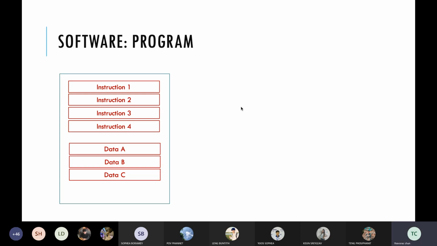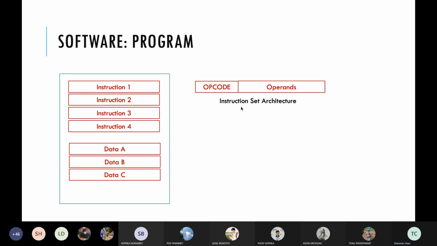And for instructions, there are different types of instructions as well. Actually, an instruction has its own architecture, and what we call it is the instruction set architecture. An instruction is a combination of operation code and the operand. There are many types of operation code, and the operation code is different between the architectures of the CPU. So when you design a CPU, you need to also think about the instruction.